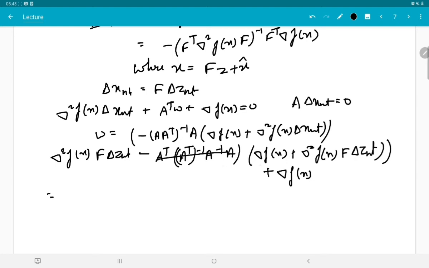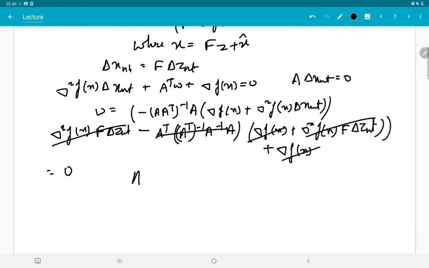This goes away because it is identity, and this term cancels out with this term, and these also cancel out, so this gives 0. Then the second term is A delta x_nt, which is A times F times delta z_nt, and AF is 0 by construction of F, so this is 0, and so both the conditions hold.